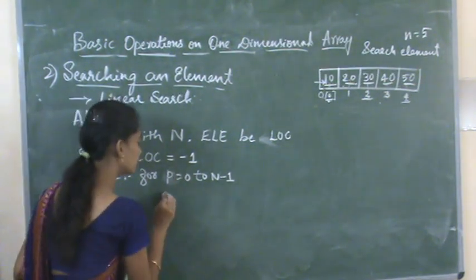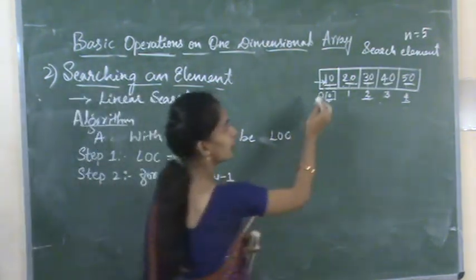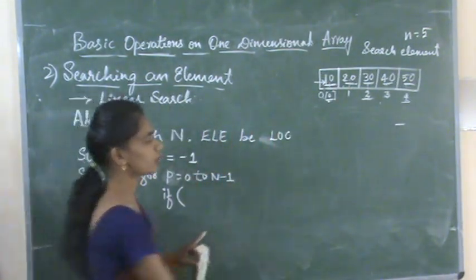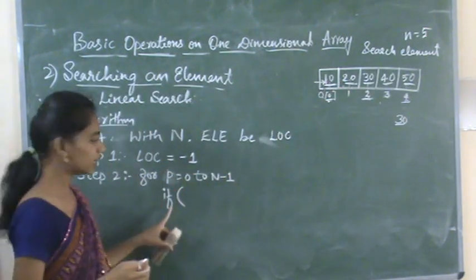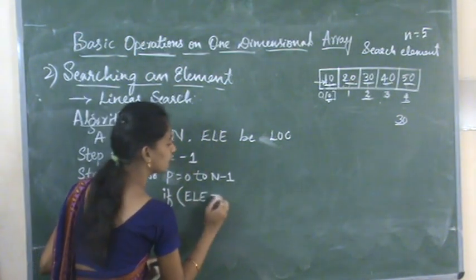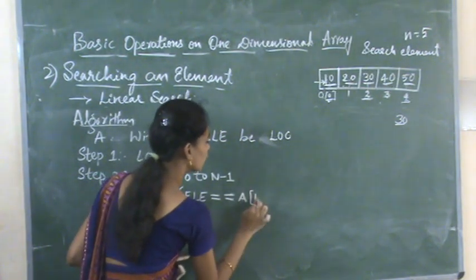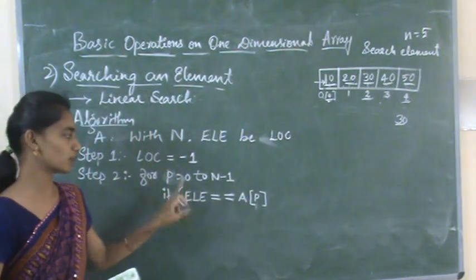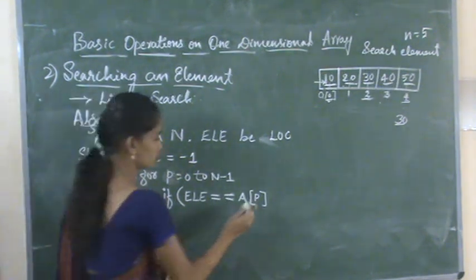After this we are using an if condition to check whether this element is equal to the such element. Suppose we are taking 30, we have to search for it. So if ELE is equal to A of P. This A of P starts with 0, so whether A of 0 is equal to the element will be checked.